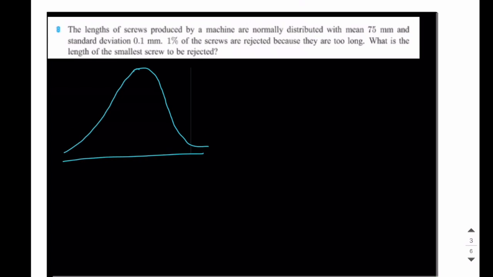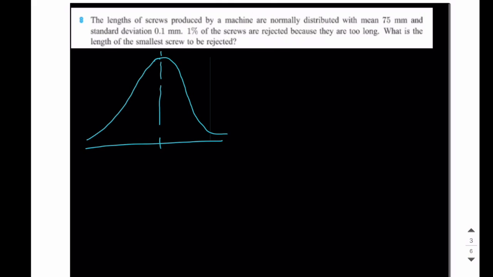Okay, for the next one again, we're going to do the picture. At the center we're going to have 75, and then we have that 1% of the screws are rejected because they're too long.